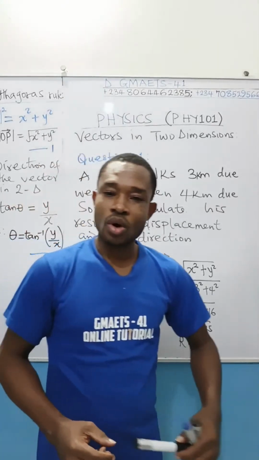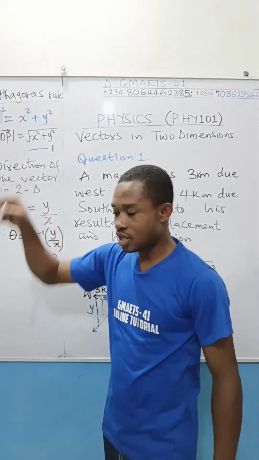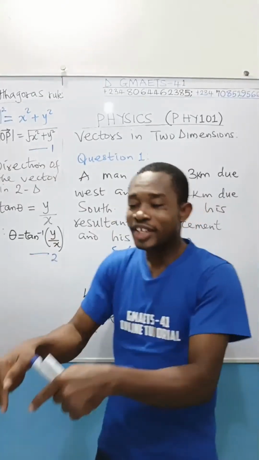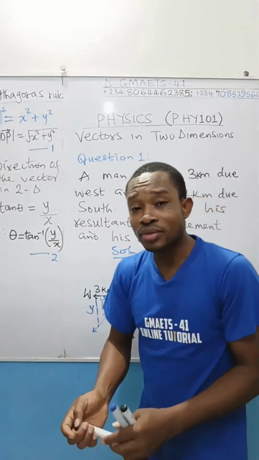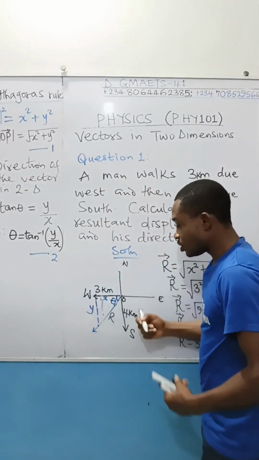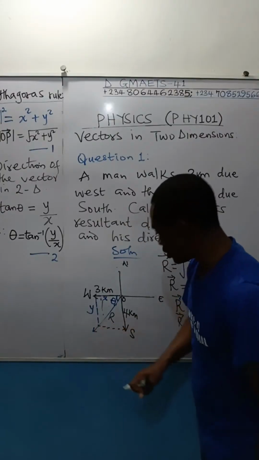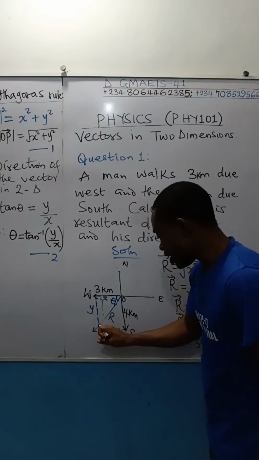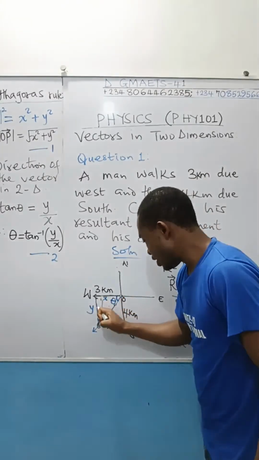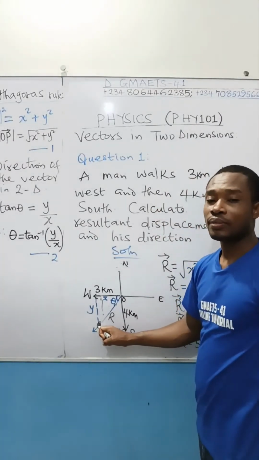So, although the man walked 3 kilometers west and 4 kilometers south, the overall motion of the man, to where he found himself starting from the origin, is somewhere here now at this point. Are you following right? He walked this way and then this way down. At this point, this is where the man is.